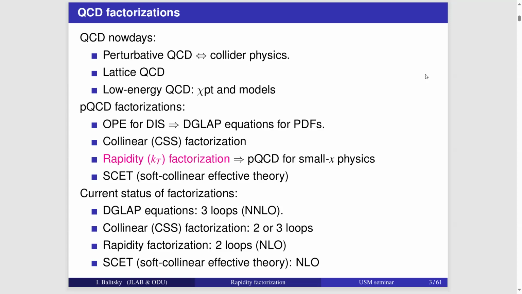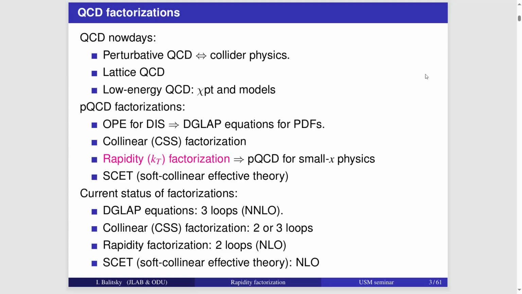There is rapidity factorization, which I will be talking about, which gives us a geometric QCD description of small-x physics. And recent developments are the so-called soft-collinear effective theory, which tries to combine all these things.